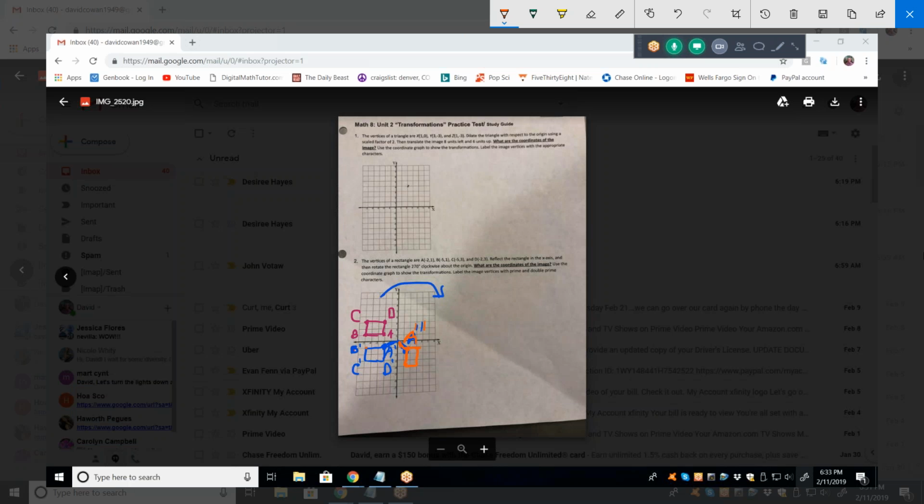Comes out right there. So this has to be B double prime. Okay. Now, I could do the same thing to C, but I guarantee you this is C double prime right there. And this is D double prime.